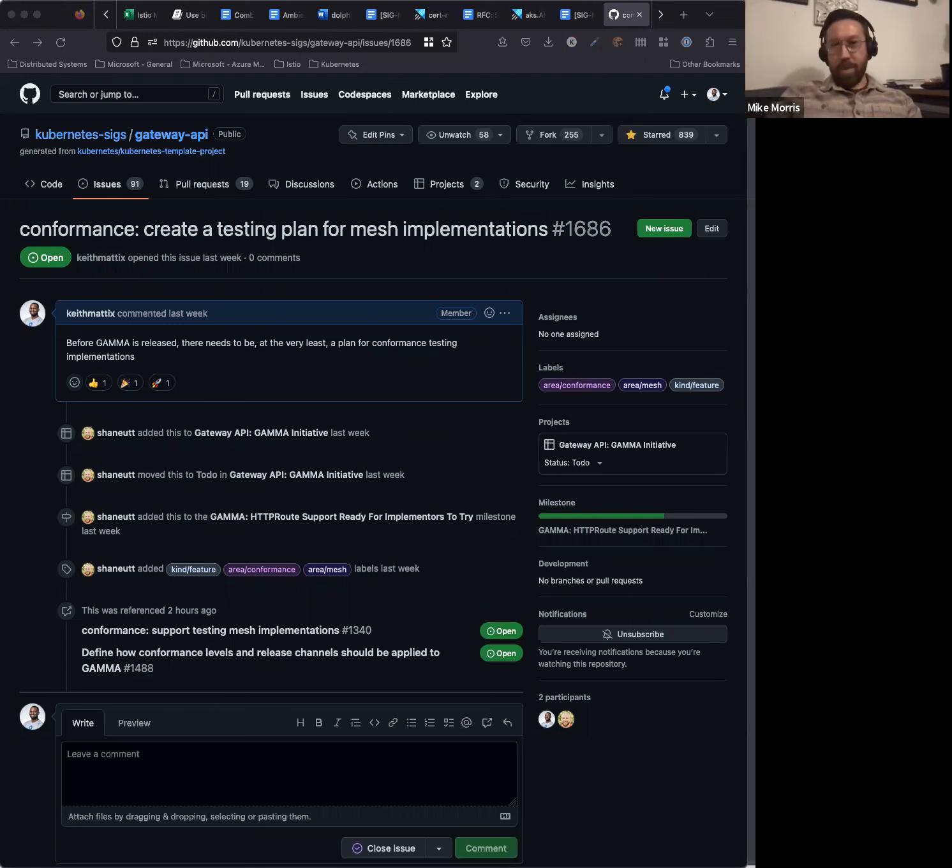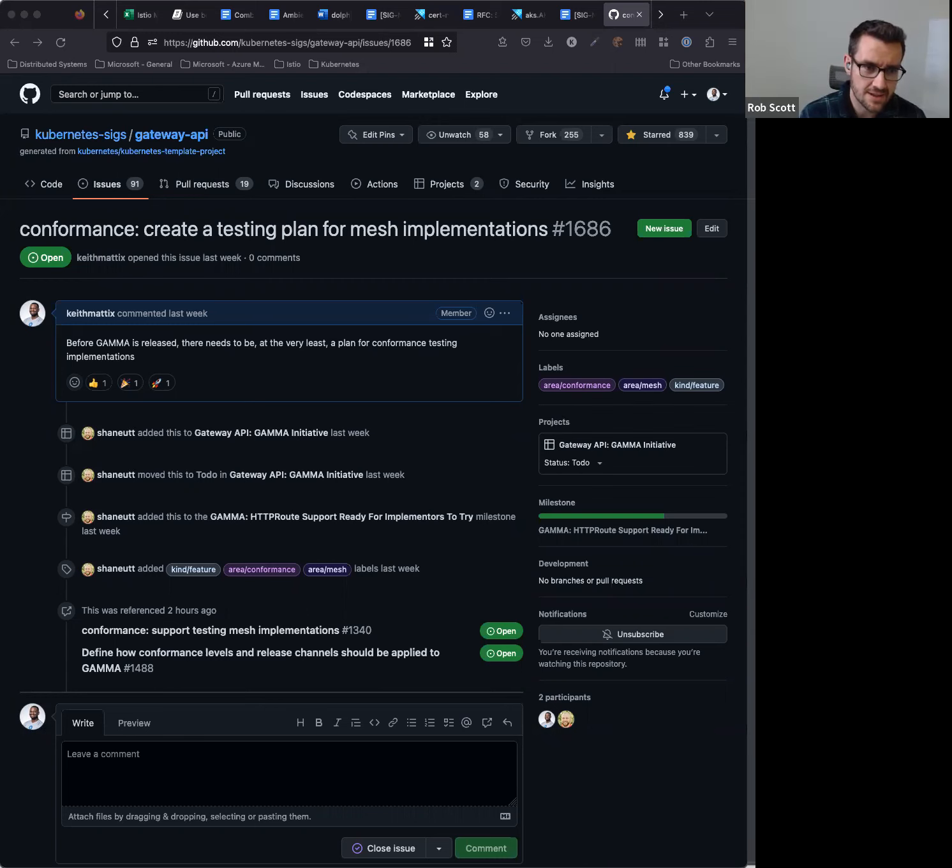We will use the same conformance levels, experimental, core, extended, implementation specific, as main Gateway API, and we will use the experimental channel with no immediate plans to move anything into standard. Basically a summary of what I just said, PR'd into the GAP. So I think we have pretty close to consensus on that being the path we want to take. Okay, go ahead, Rob.